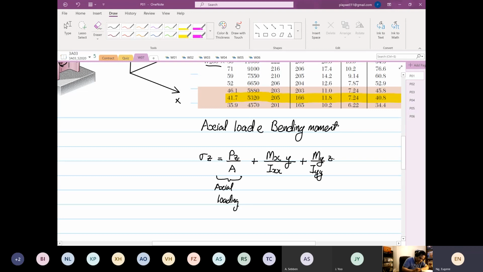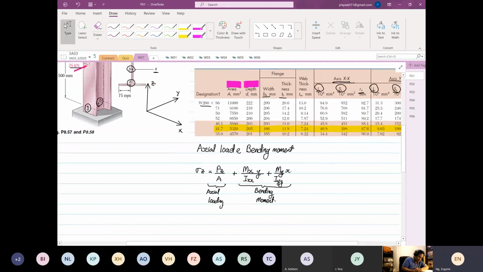We have done this maybe 2 to 3 weeks ago, so you have to recap all of them to do this problem. That is for your axial load and your bending moment based on this configuration.